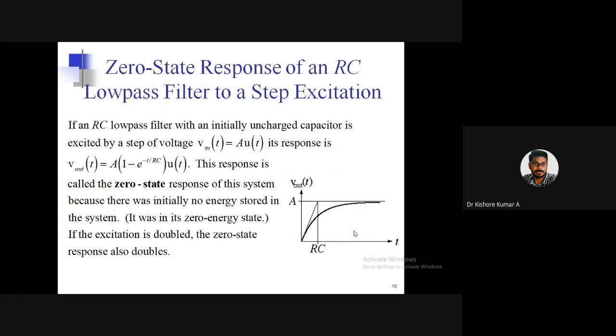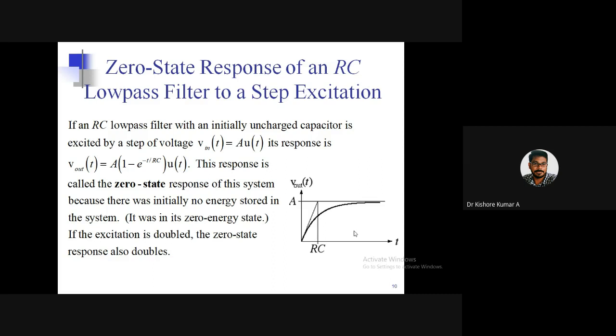And here is the zero state response of an RC low pass filter, particularly for step excitation. This is the plot of time versus V out of t. In an RC low pass filter, an initially uncharged capacitor is excited by a step voltage.